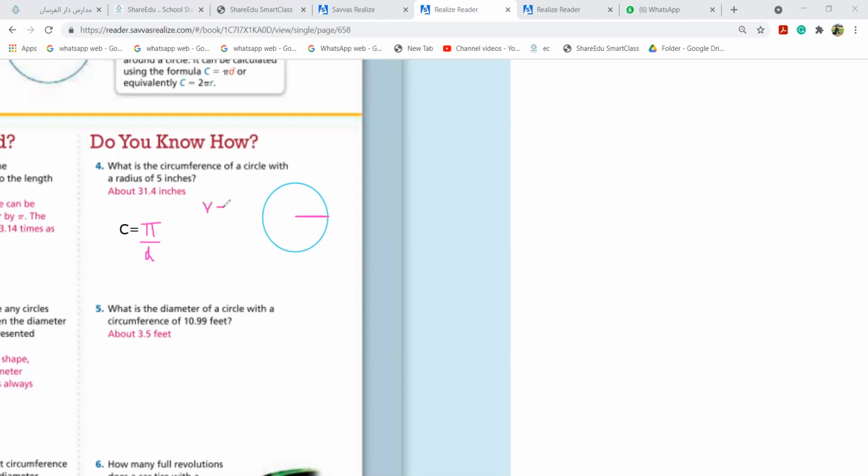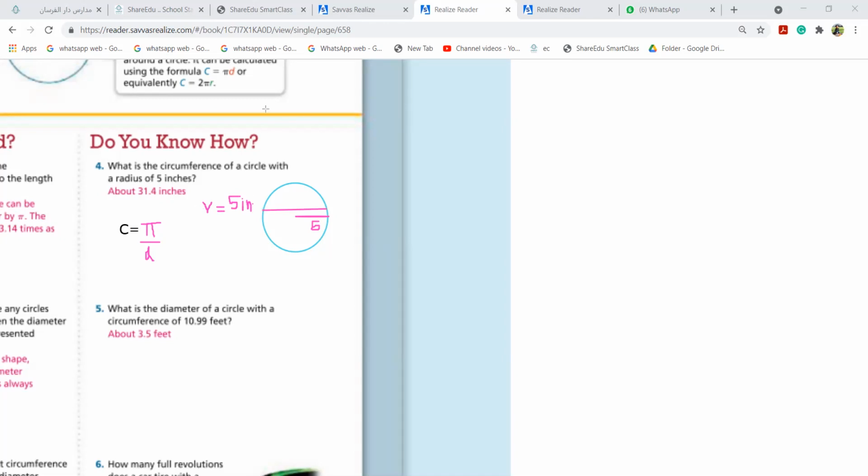R is how much? 5 inches. Now tell me, if R is 5, what is the whole thing? What is the diameter? Yes, Zishan? If this is 5, what is 10. Very good. Excellent, Zishan. This is what I wanted.